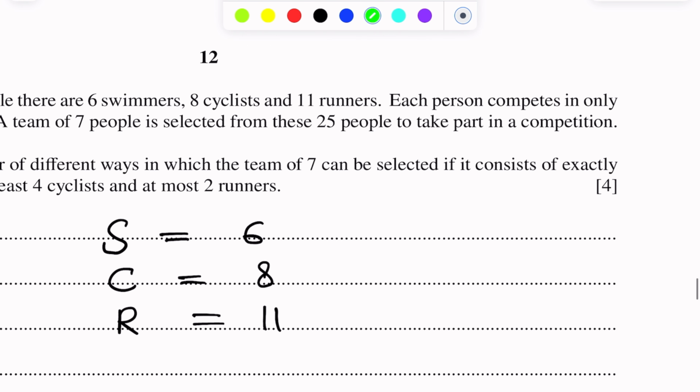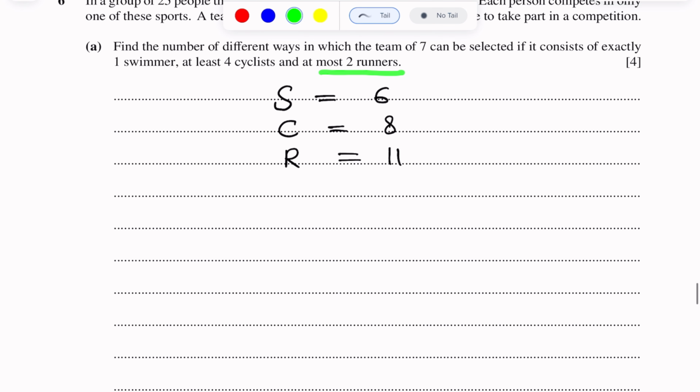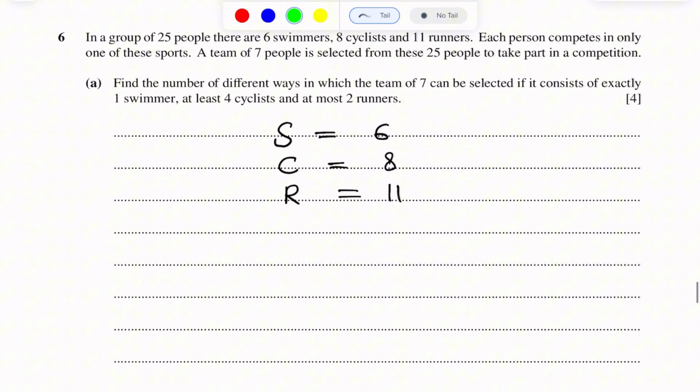Now first we have to find the number of ways by applying these restrictions. These are the restrictions: exactly one swimmer, at least 4 cyclists, at most 2 runners. There will be different options to adjust these restrictions.